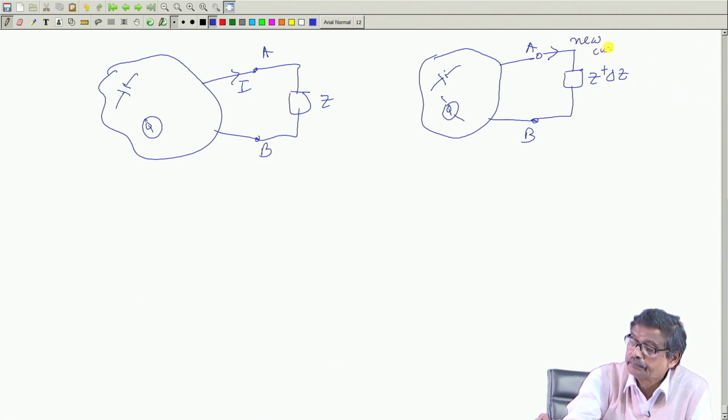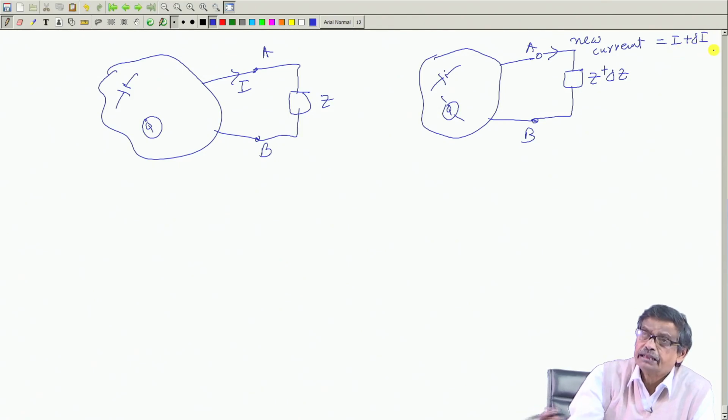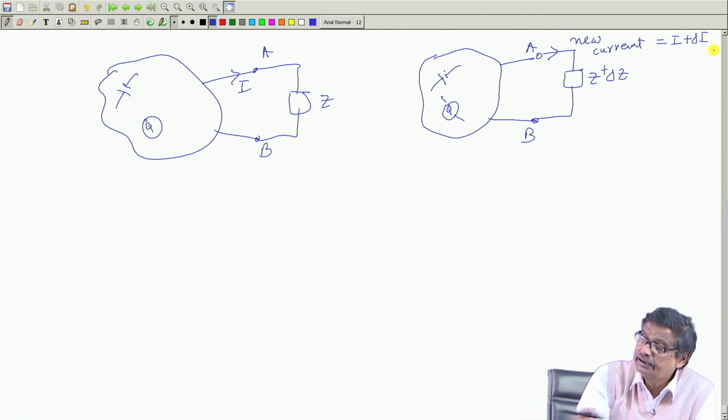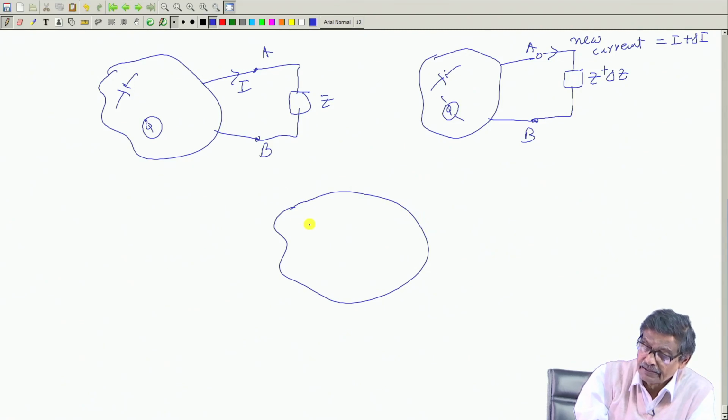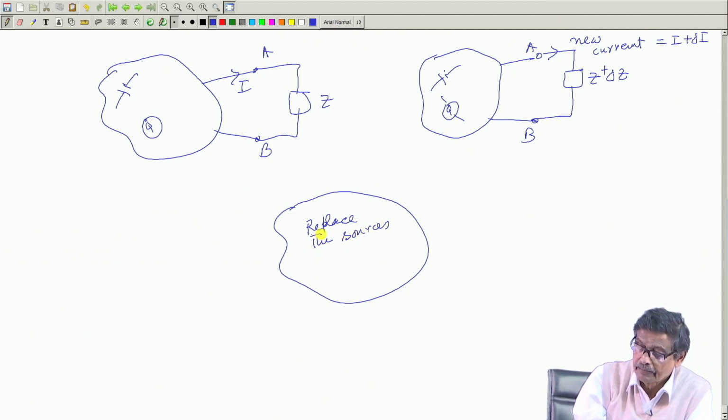New current, I told, let me call it I plus delta I, that old current I plus that change. Then to find out that current, here is an option: take the network, replace the sources by internal impedances.